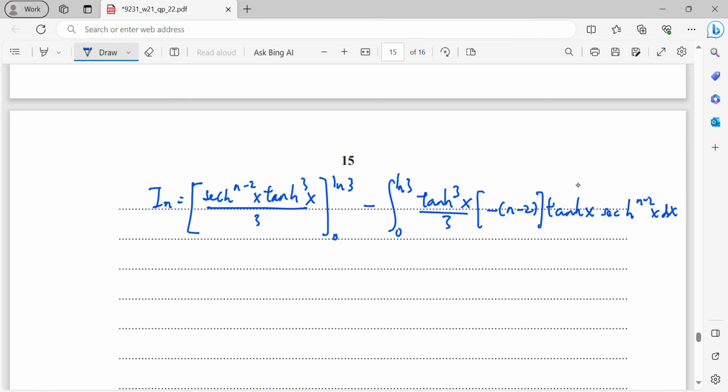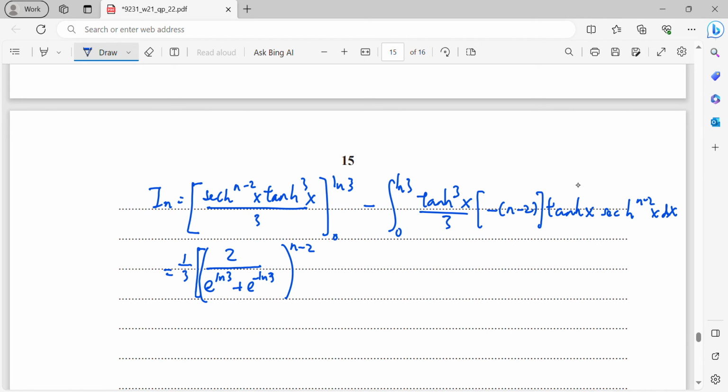From here when you simplify, you will get 1 over 3. Replace the x by ln 3. At the same time, I replace the tangent and secant by the exponential form. So I will get 2 over (e^(ln 3) plus e^(-ln 3)) to the power of n minus 2.